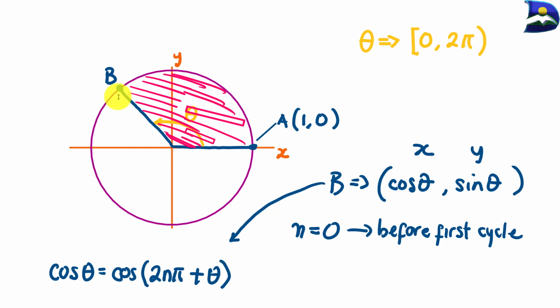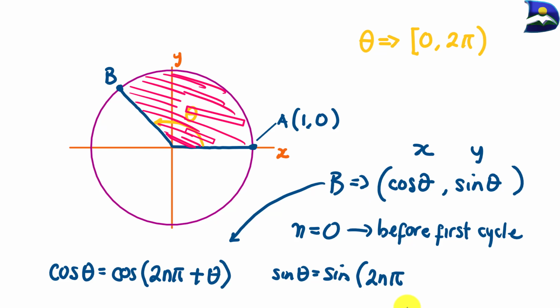This is extended to the y coordinate, and the y coordinate for that n cycle for B is equal to sine applied to 2n pi plus theta, for the same n cycle.